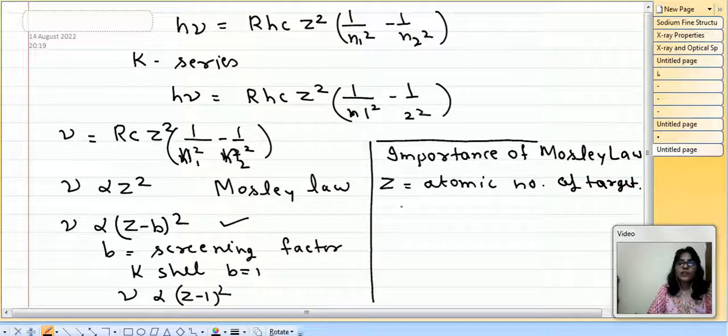And initially I said that characteristic X-rays depend on the element used as target. So this X-ray frequency is proportional to Z square for a given spectral line.